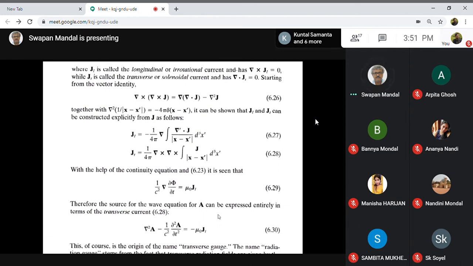Otherwise, I can do it for you later. Finally, what I will get is 1 by c square gradient of del phi del t equal to mu 0 JL.